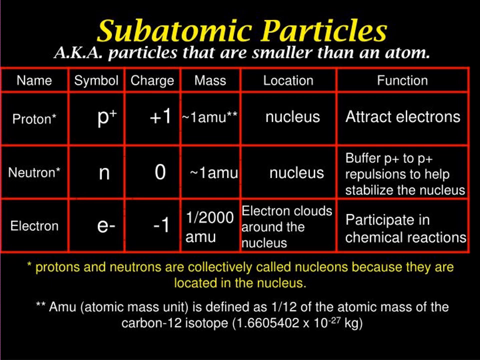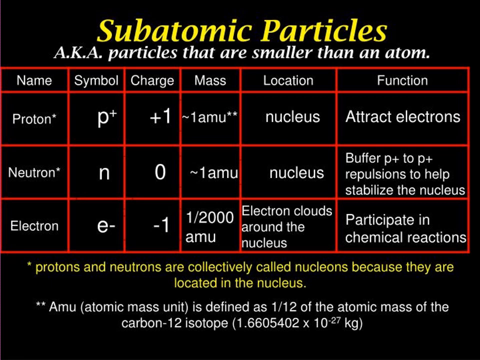Electron: E minus, charge minus 1, mass 1 by 2000, otherwise 1 by 1837, the book is given like this.